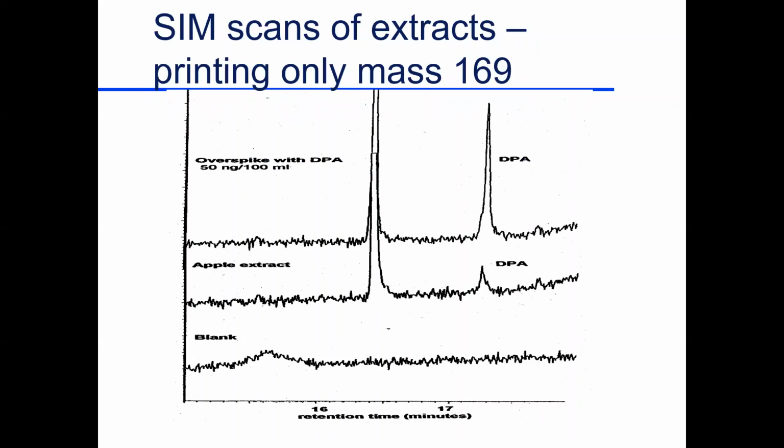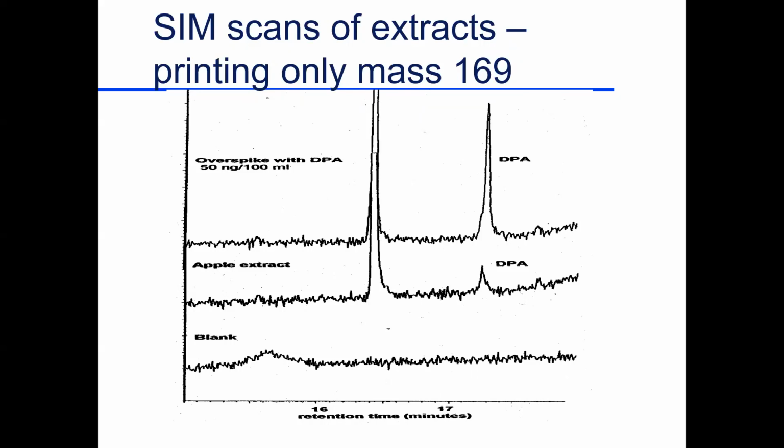In this case, we actually tell the mass spectrometer we've got a complete spectrum, but I want to see how mass 169 changes during the run. Are there any compounds that have mass 169? Because 169 is characteristic of this diphenylamine compound.